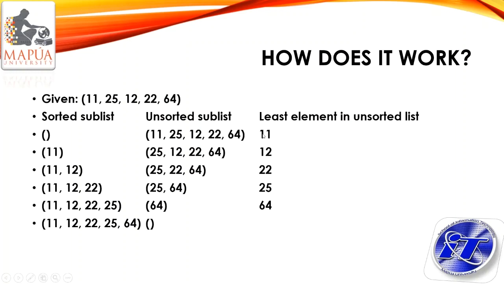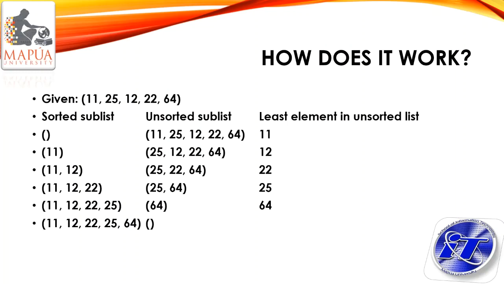Therefore, this 11 will be the first element in the sorted sublist, and the elements in the unsorted sublist will be 25, 12, 22, and 64. Same process, we're going to compare the first value with the next value. 25 compared with 12. 12 is the smallest, so 12 will be compared with the other values. 12 compared with 22, 12 is the smallest, 12 compared with 64, 12 is the smallest.